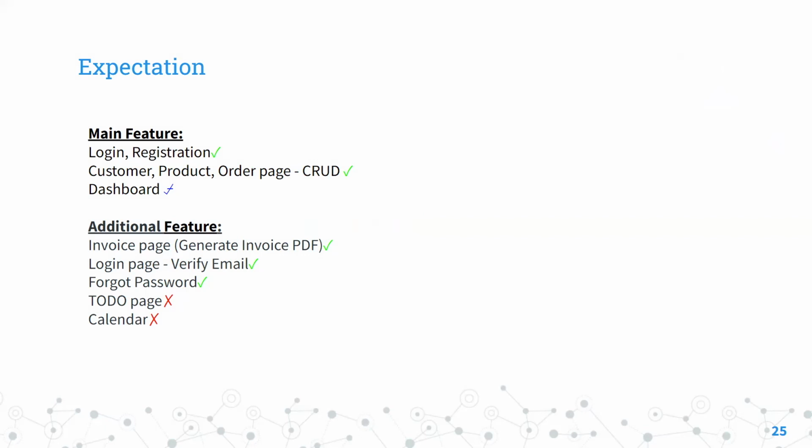For example, we finished the login feature, the basic API functions on the customer, product, and order pages, and some additional features have also been successfully implemented, such as email service, invoice PDF generation, and the Lambda function. But some features are not available yet, such as data visualization and data analysis in the dashboard.